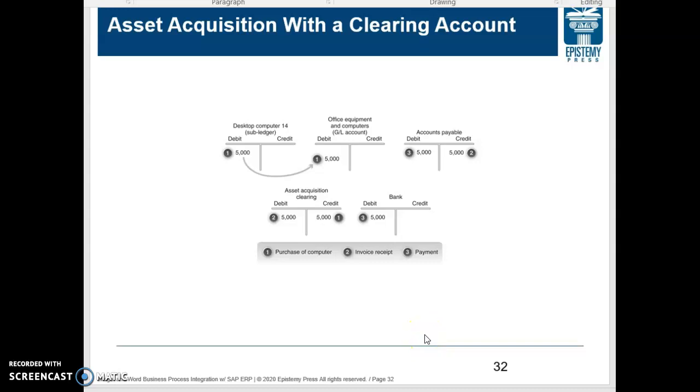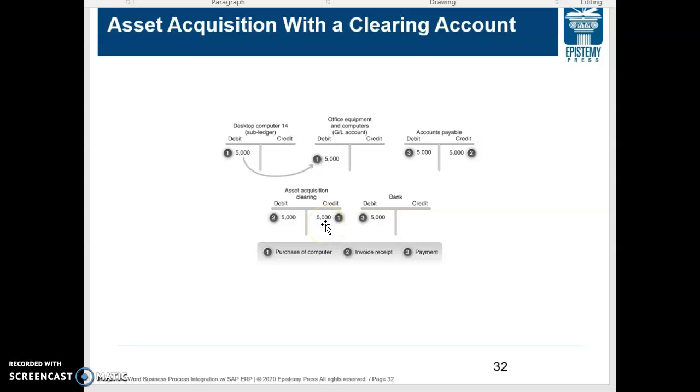So an example of asset accounting: if we bought a desktop computer, we would debit the desktop computer asset sub-ledger, and we would debit the office equipment and computers reconciliation account on the general ledger. So that would be purchasing the computer. And we would credit our asset acquisition clearing account.